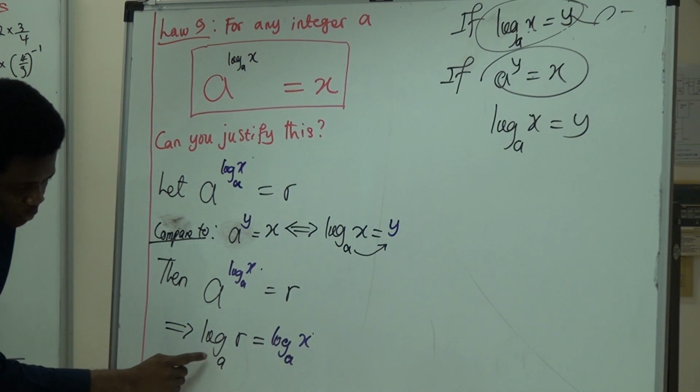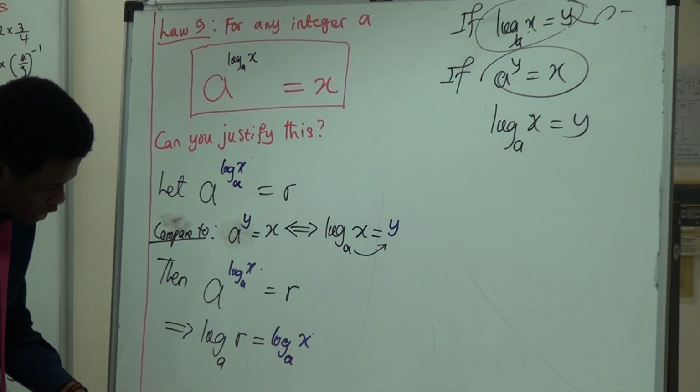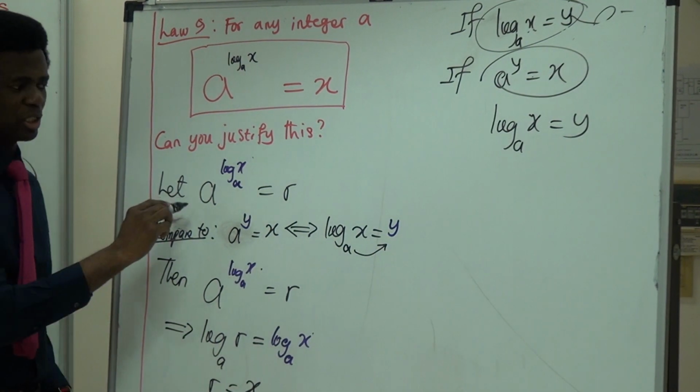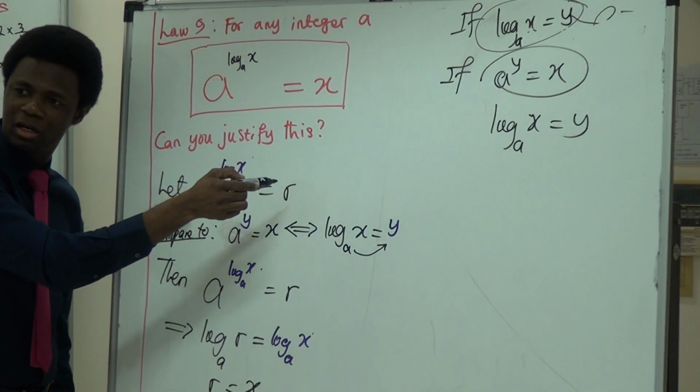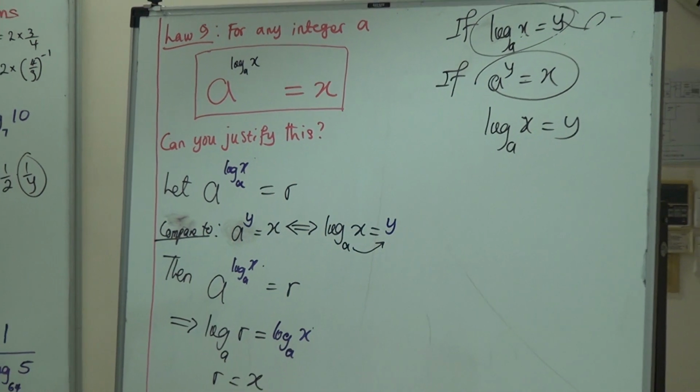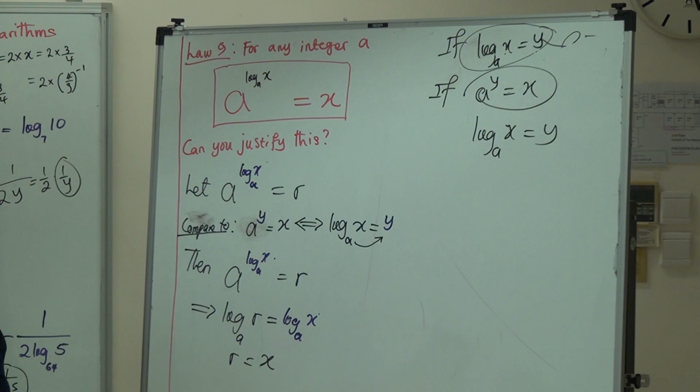So what does that tell us? It shows that r is equal to x. Remember, you assumed that everything is r, and now you establish that r is actually x, and that justifies it. Nice. So what he has done is to test if it is wrong, because I've proved by contradiction. We'll look at that. If he had gotten a wrong thing, it would have said no, then it's not the case. But this is a better way to look at it.